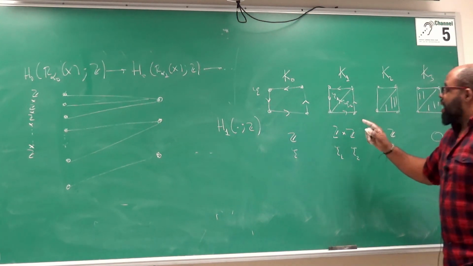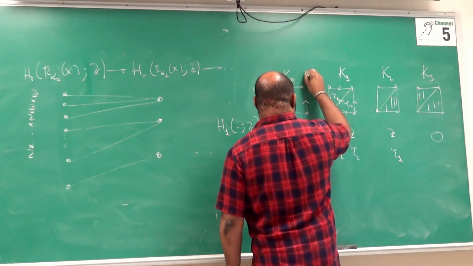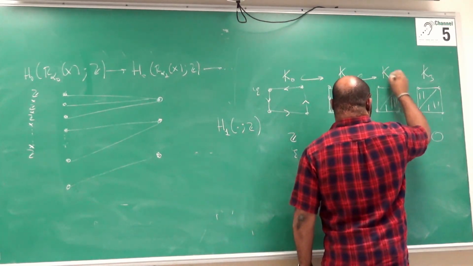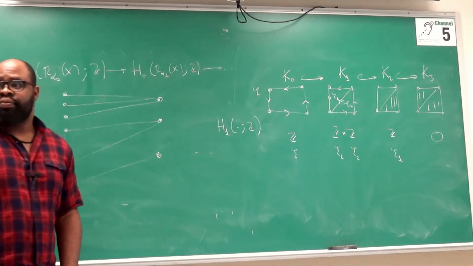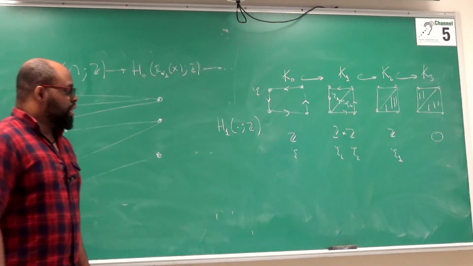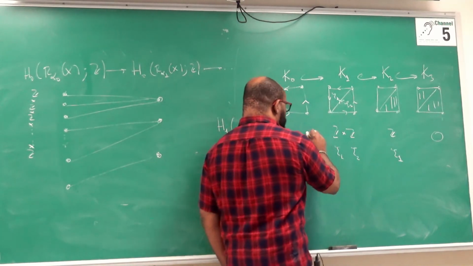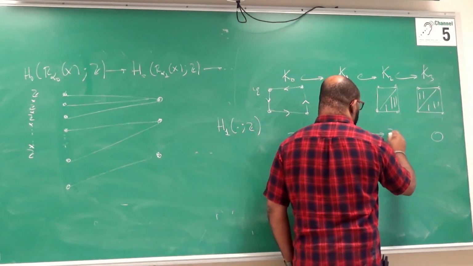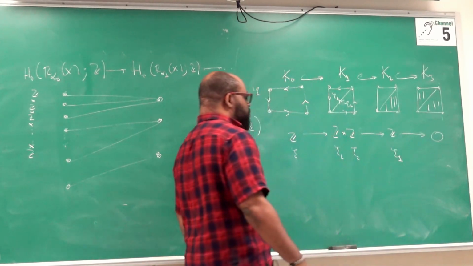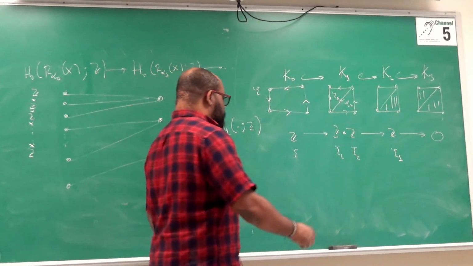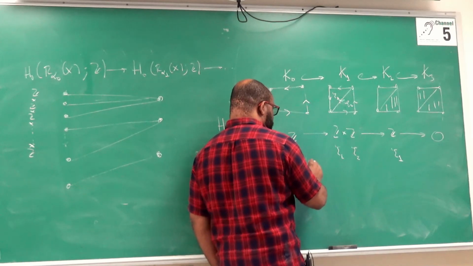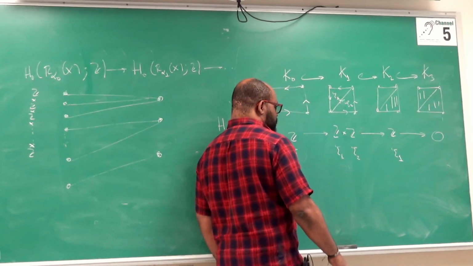Okay? Now, the simplicial maps I'm going to take are going to be inclusions. My question to you is, what do the F stars look like? In other words, where does zeta go here?